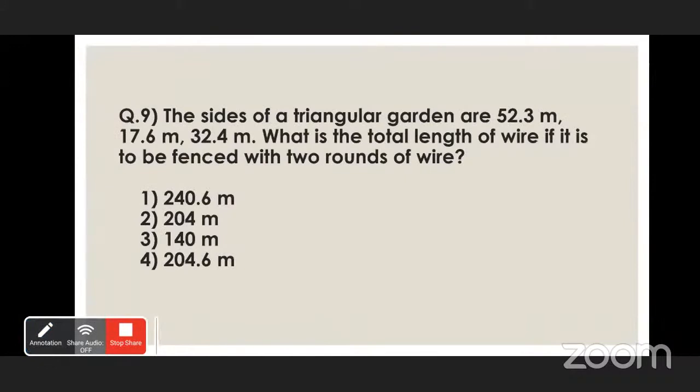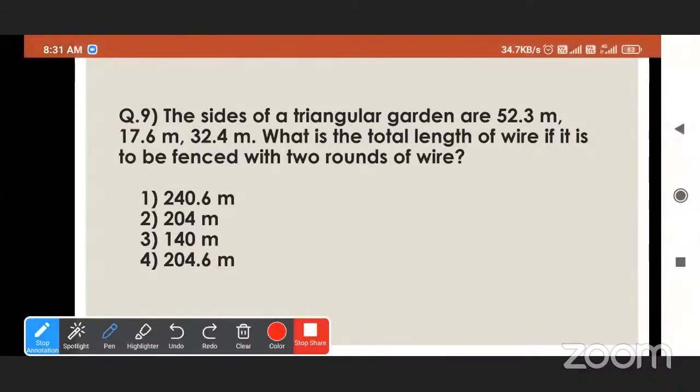Okay. Question number 9. The sides of a triangular garden are 52.3 meter, 17.6 meter, and 32.4 meter. So what is the total length of wire if it is to be fenced with 2 rounds of wire? Okay. So there is a triangular garden.